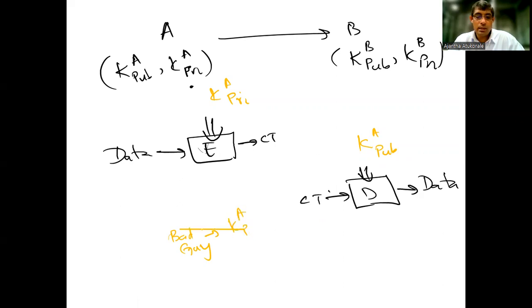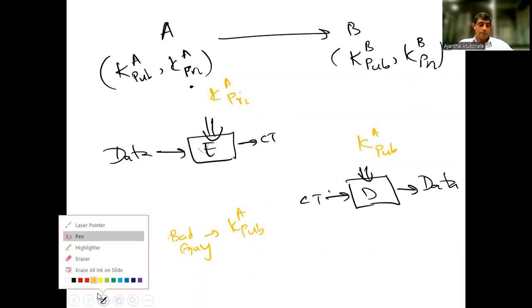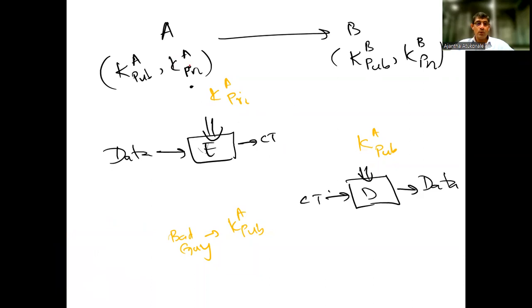So if a bad guy knows the KA pub, that means there is no security here. Encryption and decryption work, but we can't really do encryption here because you can create ciphertext with the A private key, but then anyone can open it since everyone knows A's public key.